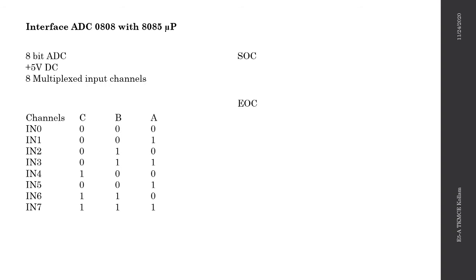This ADC can be interfaced with the 8085 microprocessor using the programmable peripheral interface 8255. Here, in order to select a multiplexed channel, say channel 0, channel selection signals are required. These are provided by port C lower signals PC0 to PC2.